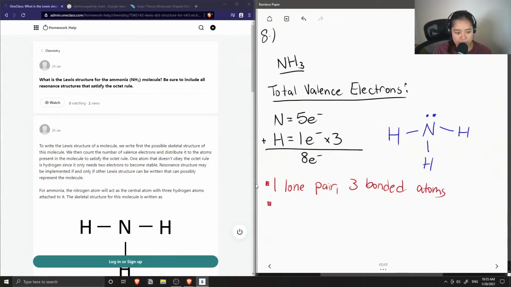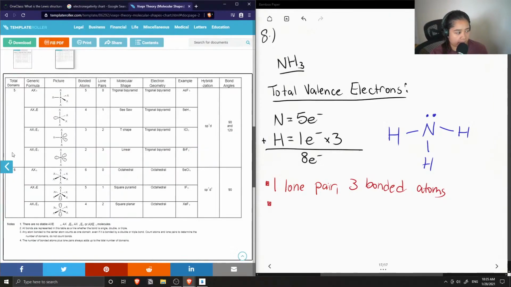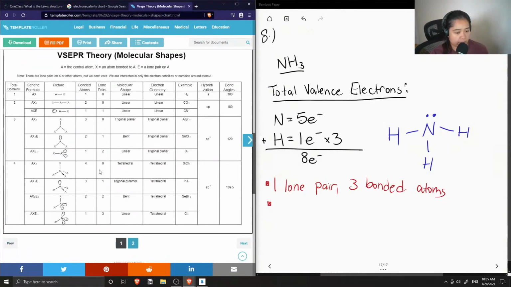If we use a VSEPR table, we can find out the type of shape it has and electron geometry. When you have 3 bonded atoms and 1 lone pair, this tells us we have a trigonal pyramidal molecular shape.